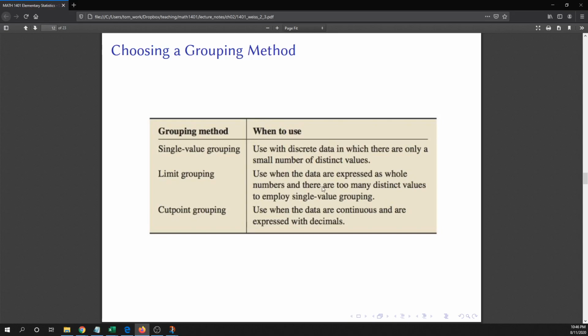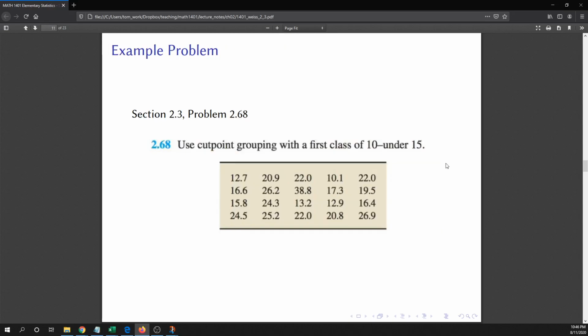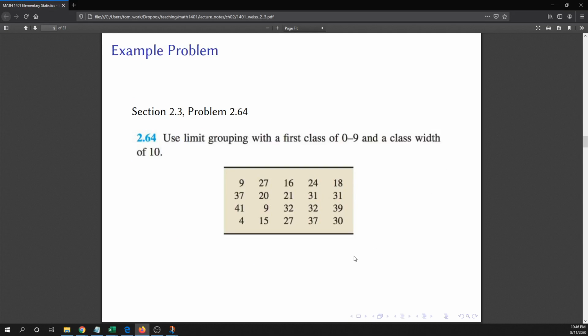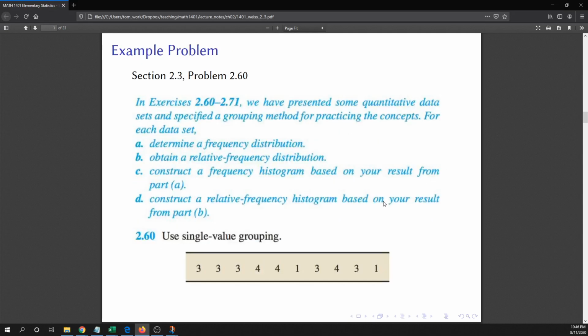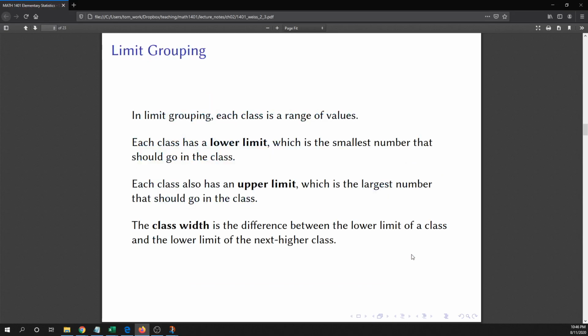The second example that we did was limit grouping. You would want to use that when the data are expressed as whole numbers and there are too many distinct values to employ single value grouping. So that was like this example here. In this first example, we had only a few values. There weren't that many different numbers in there.